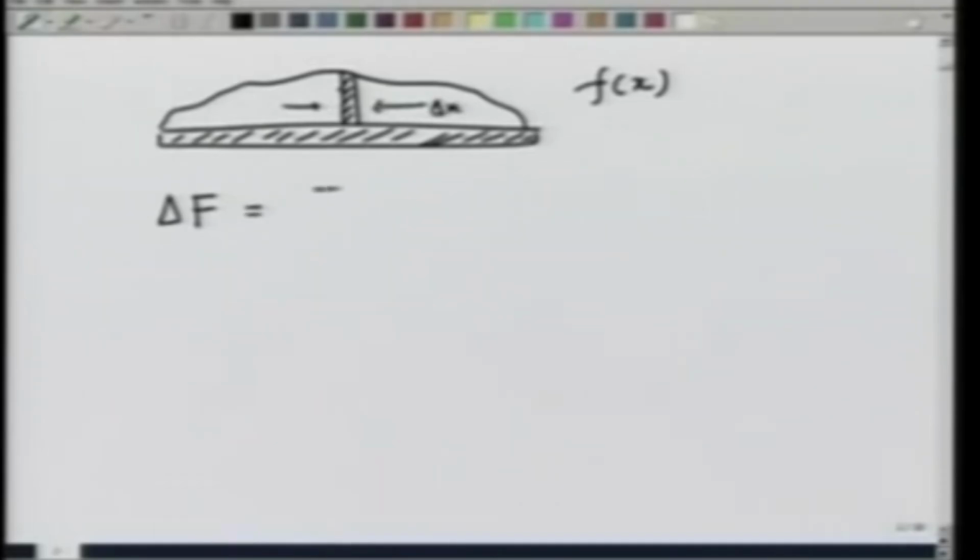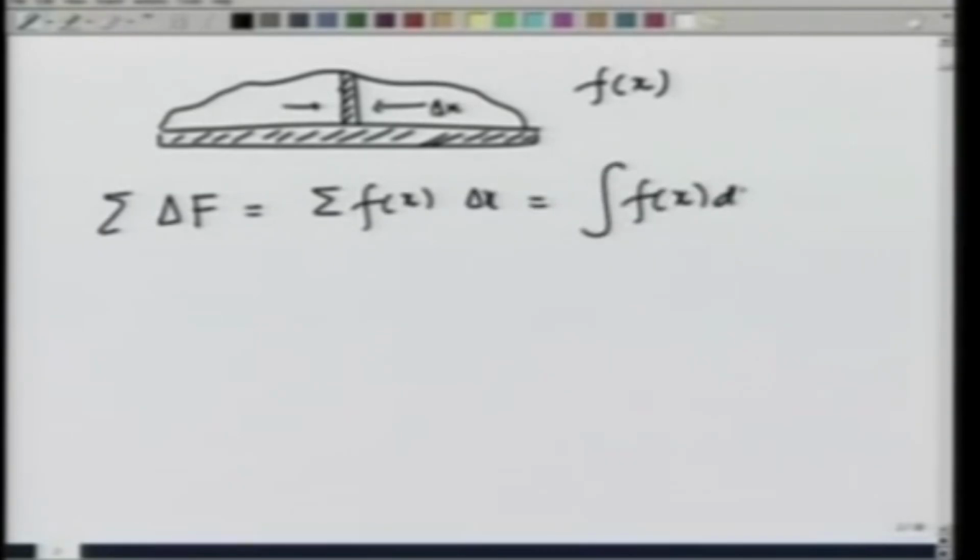So, this is going to be summation f x delta x, which in the limit is going to be integration f x dx, that is the net force. And when we say where effectively is it acting, that means what moment or torque should I apply to this beam in order to keep it in equilibrium.